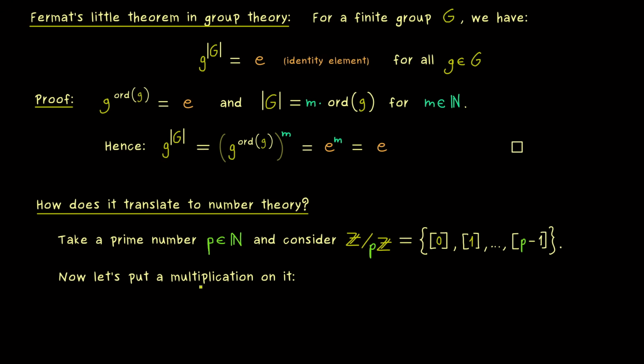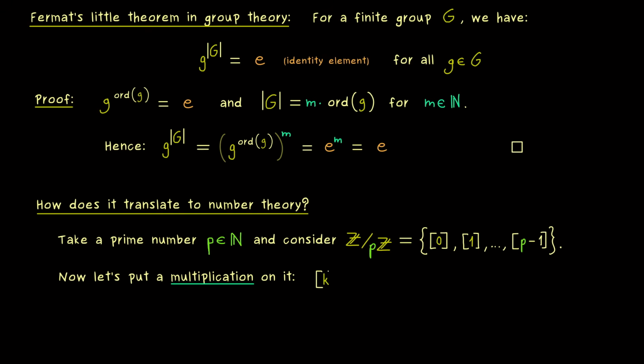But now, additionally to that, we also want to put a second operation on this set, which we call a multiplication. And the name here should make sense because it comes from the original multiplication on the integers. This should also already tell you that the definition of this multiplication is quite simple.